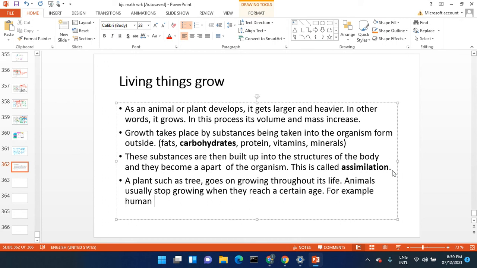At the age of 25. I'm 21. This book tells us that humans usually stop growing at about 18. That's as a general rule. Some people still grow after that, but generally speaking.